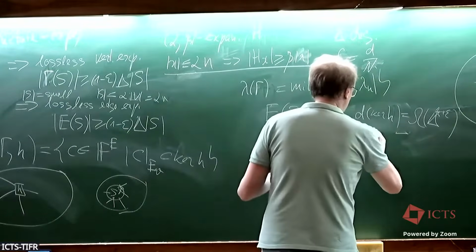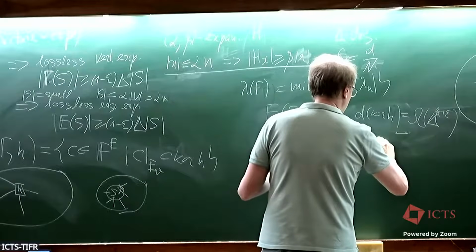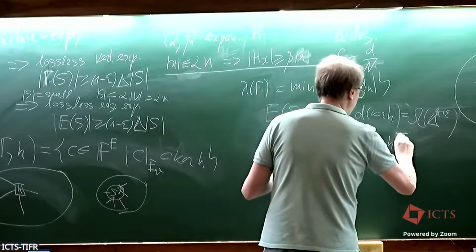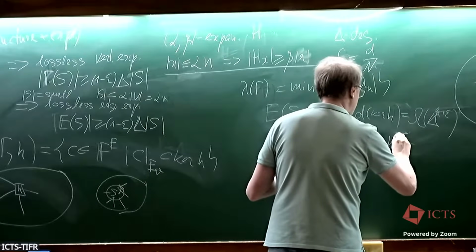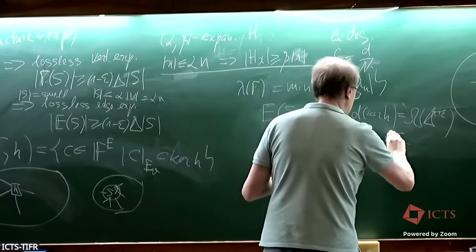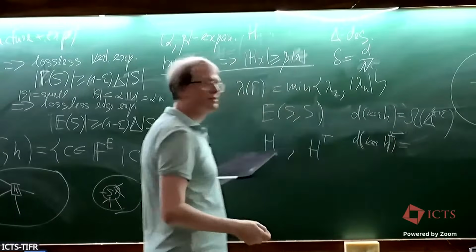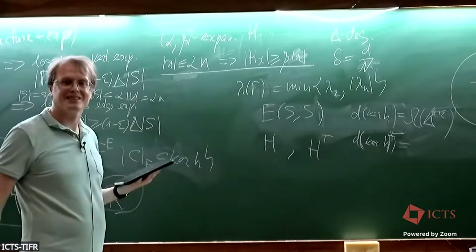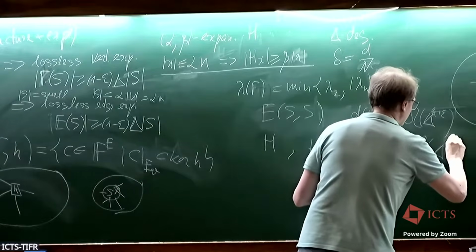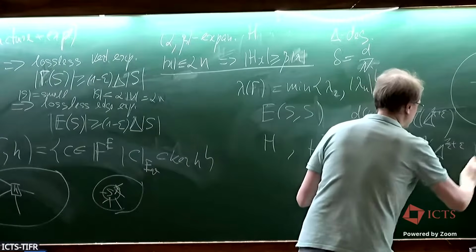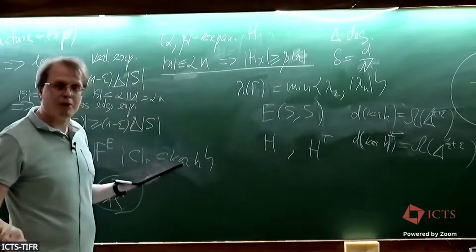you also need the dual code of this local code to have large minimum distance. And why the dual code?